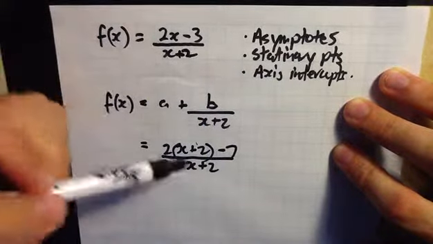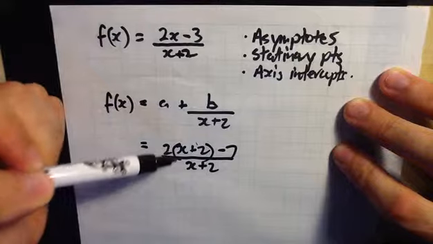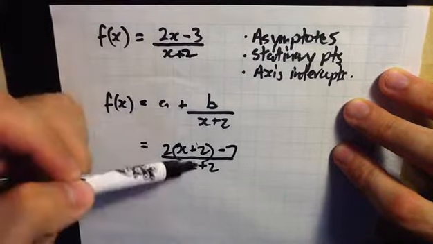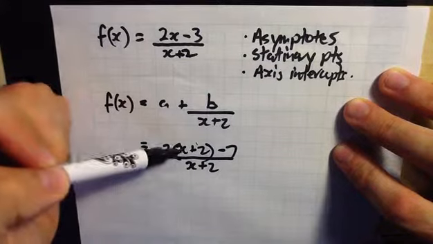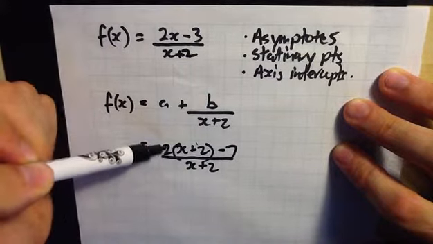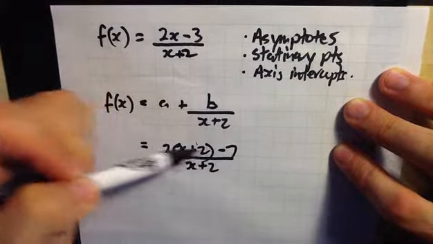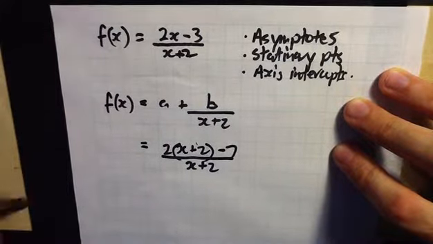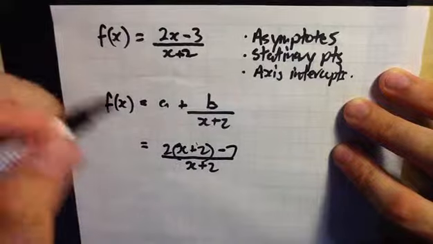So I haven't changed the value of this at all, I'm just changing the way it looks. Basically, you look at this denominator and you go, I've got to get that denominator up in here. What other changes would I have to make to the numerator for it to give me 2x take 3? Kind of like factorizing, but not.